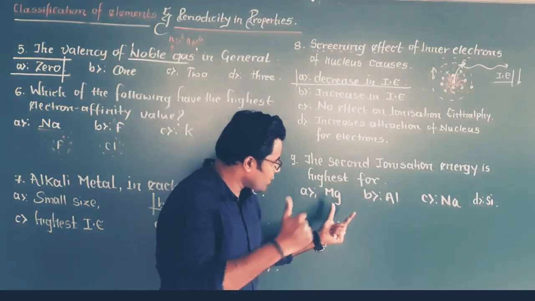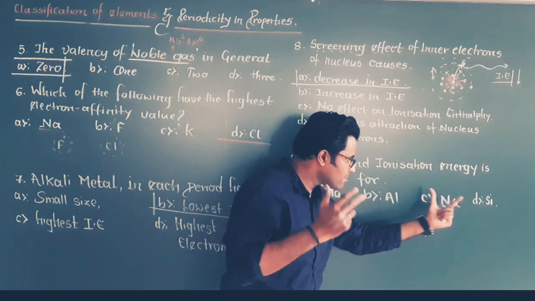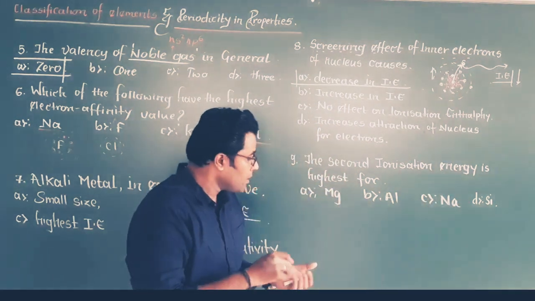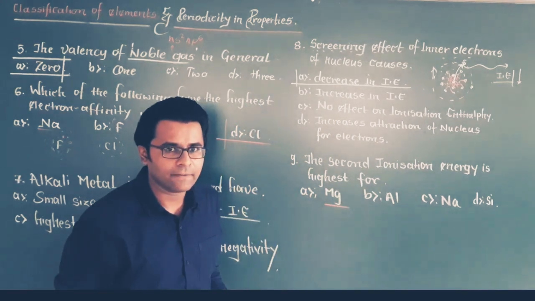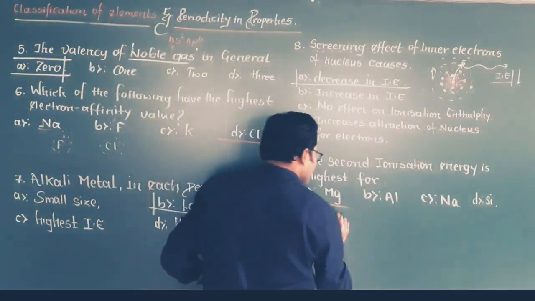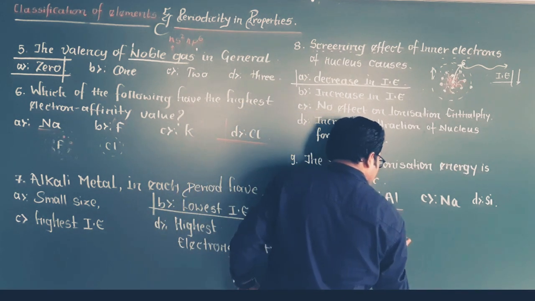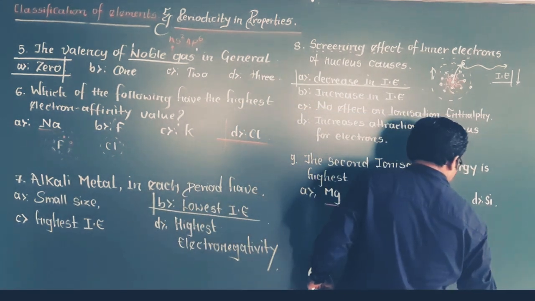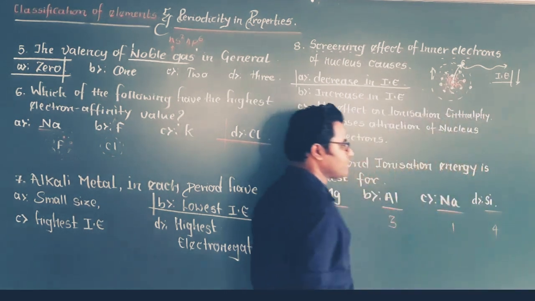We'll observe first the options: magnesium, aluminium, sodium, silicon. The number of electrons in the outermost shell in the case of magnesium is 2, in the case of aluminium is 3, in the case of sodium the outermost is 1, and in the case of silicon, it's going to be 4.